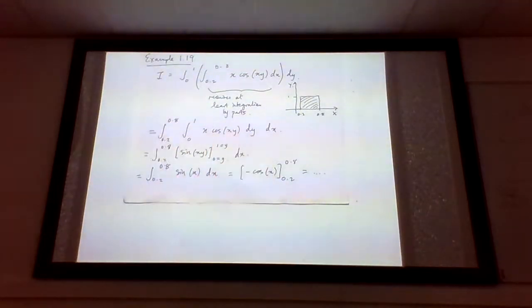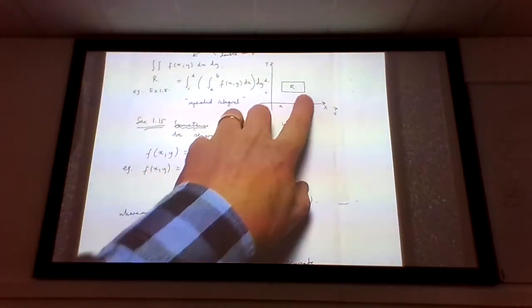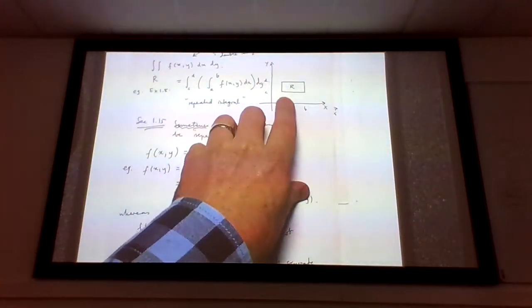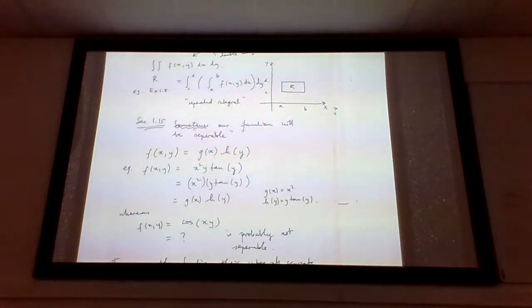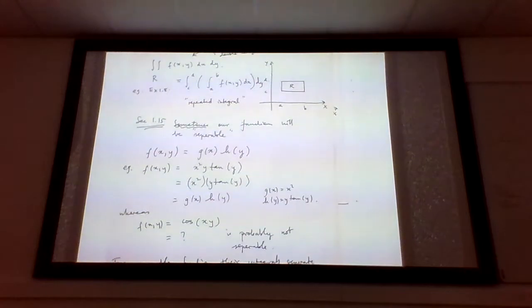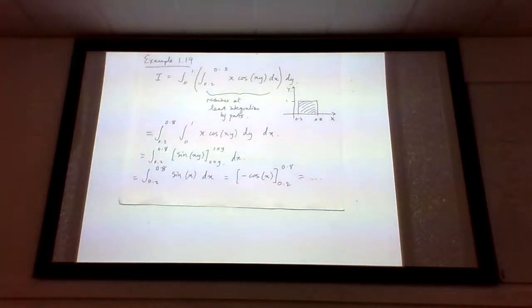But now, so far we've just looked at this very simplest case of a double integral, which is where the region of integration is kind of as simple as it can be. Just a rectangle parallel to the x and y axes. Okay? And not all regions look like that. So we need to be able to handle other types of regions.